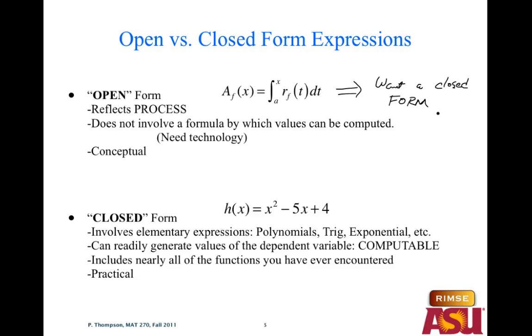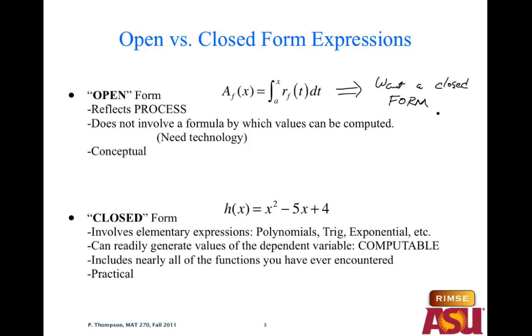We've taken this journey from exact rate to exact accumulation, and we've got this function that we've built, but it's a little bit limiting because we need technology. We can't get those net accumulation functions in closed form yet.